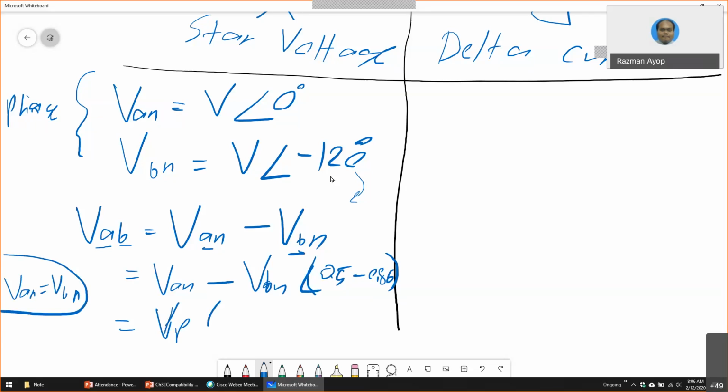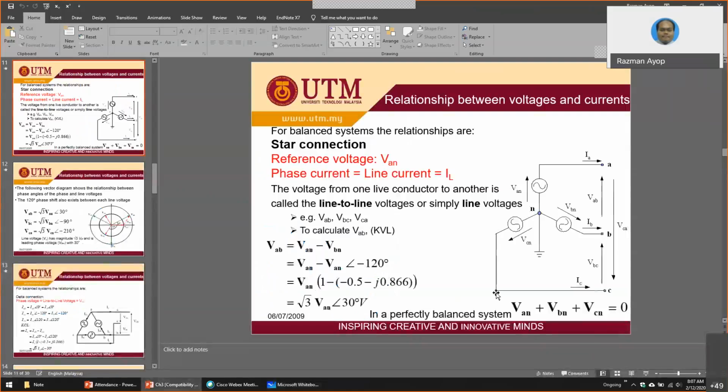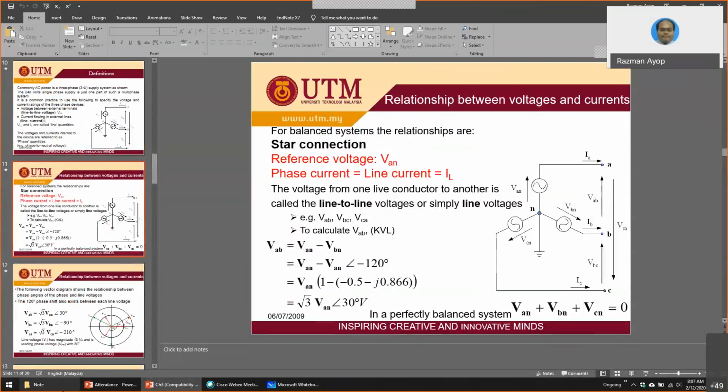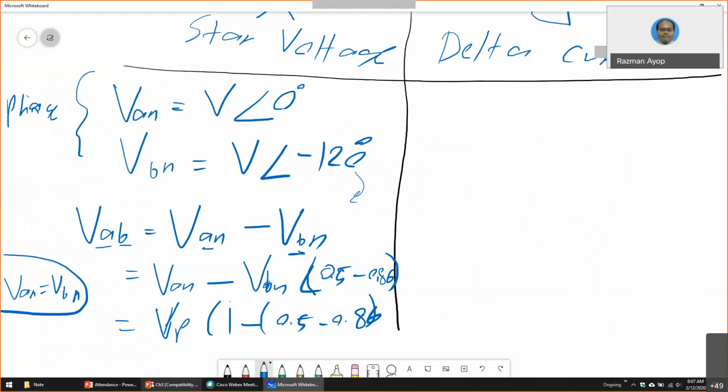So this one is just 1 minus 0.5 minus 0.86. Let me check first. Yes, this one. And then lastly, you get VP square root 3 angle 30 degree. So that is how you derive star voltage.